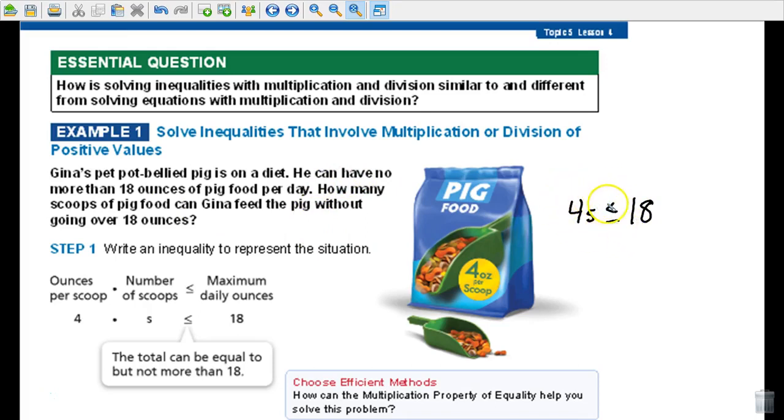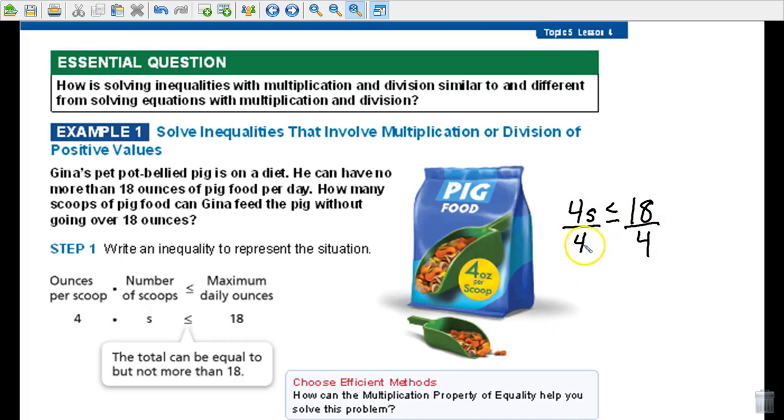Like in the other videos I made on solving equations, it is the same thing for inequalities, where we do the opposite of what we see. Right here, we see 4 multiplying by s, so that's 4 times s, so we would have to divide to solve for it, okay? And that is an S, not a 5. Whatever we do to one side to keep it equal, we have to do to the other side.